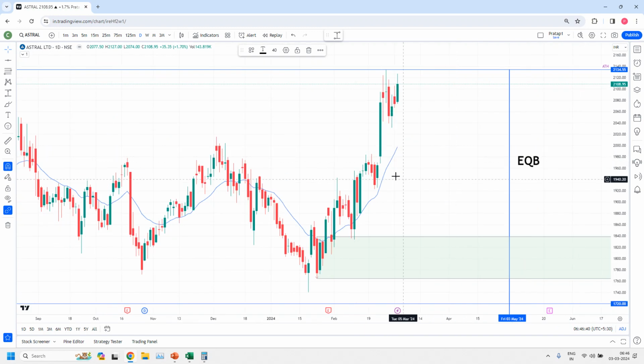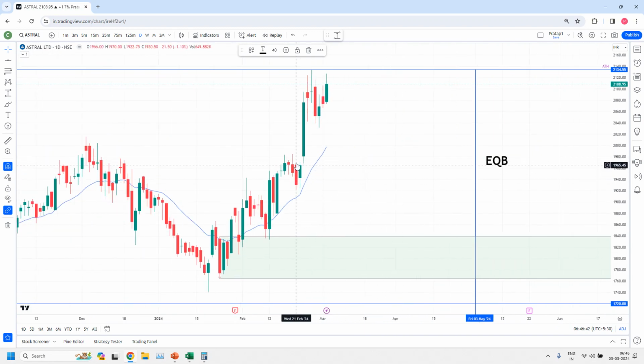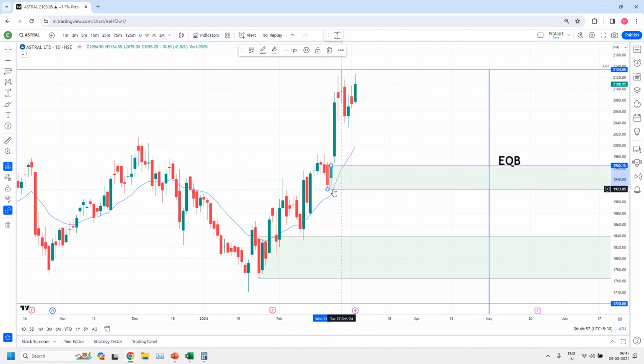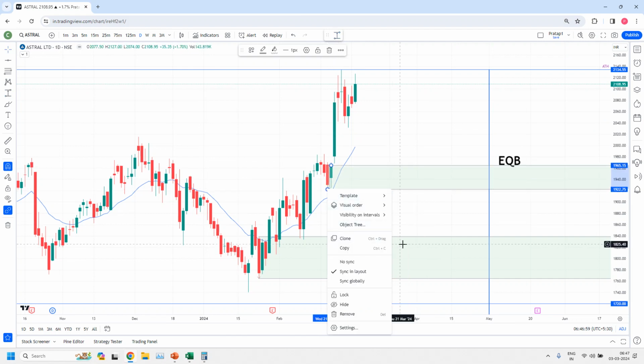And in the equilibrium, we have a demand zone here. We have a drop candle, base candle, and a rally candle. This is on the daily time frame. So let us draw a daily demand zone. This is the daily demand zone. Let me change the color.